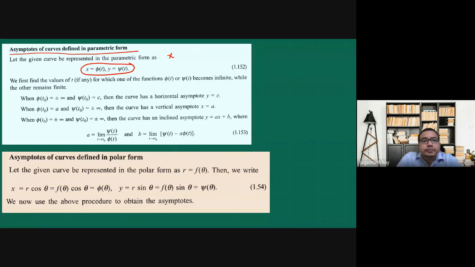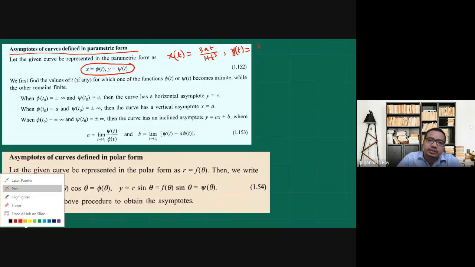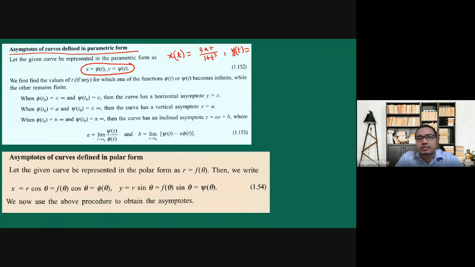Suppose x of t equals 3at by 1 plus t cube, and y of t equals 3a square t square by 1 plus t cube. If we have this type of functions, then how do we get the asymptote for them?